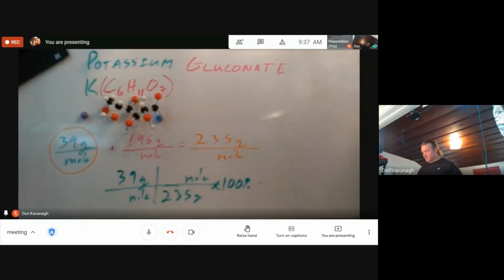This comes out to about 17%. So about 17% of the potassium gluconate you take in is the potassium.